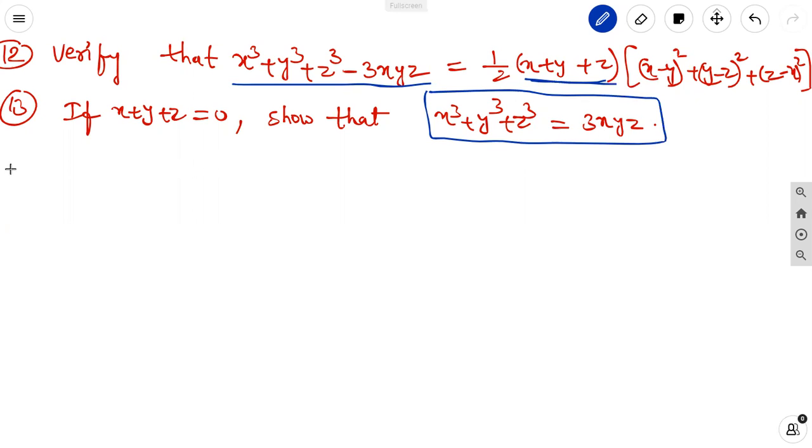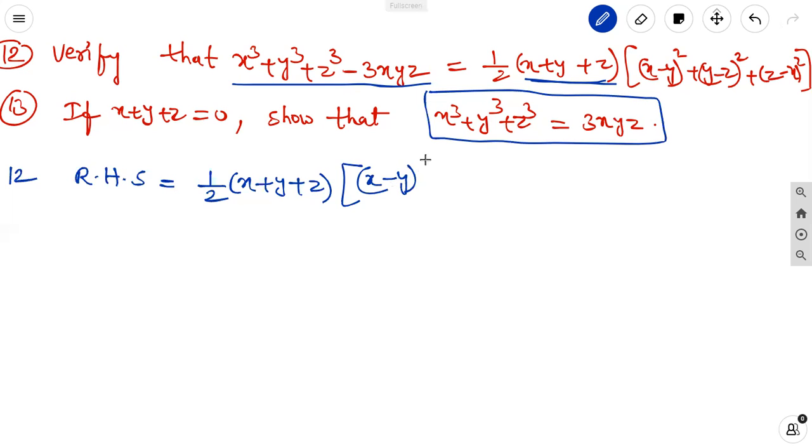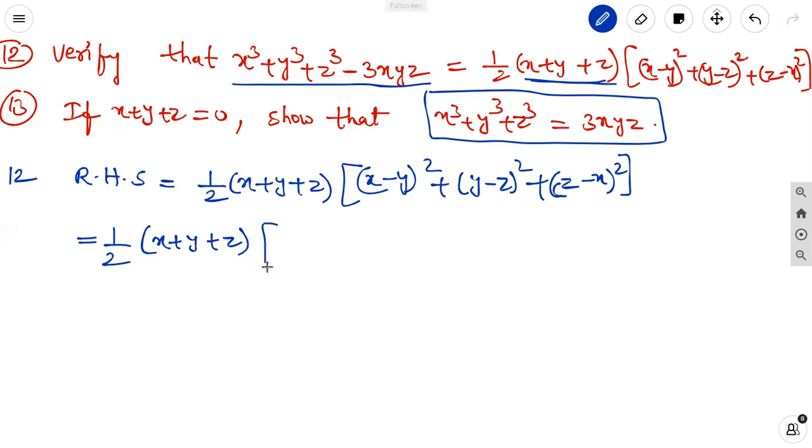Here we can take the right hand side for the 12th solution. The right hand side is 1 by 2 into x plus y plus z into x minus y whole square plus y minus z whole square plus z minus x whole square. Expand using the identity: x minus y whole square is x square minus 2xy plus y square.